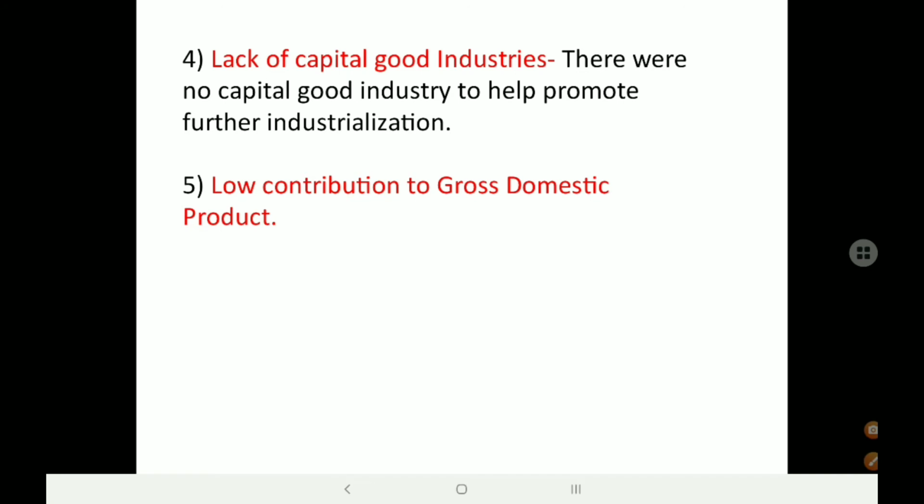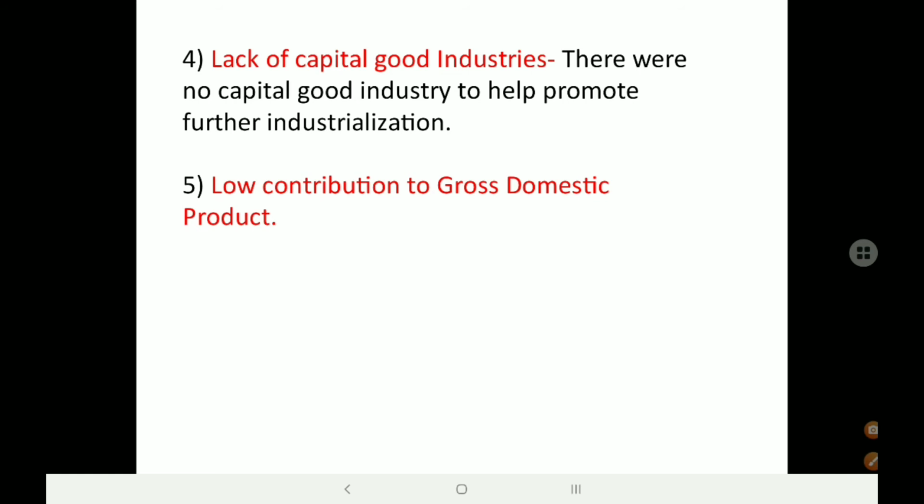And the last point is low contribution to gross domestic product. We know that GDP is the total goods and services produced in an economy during an accounting year.